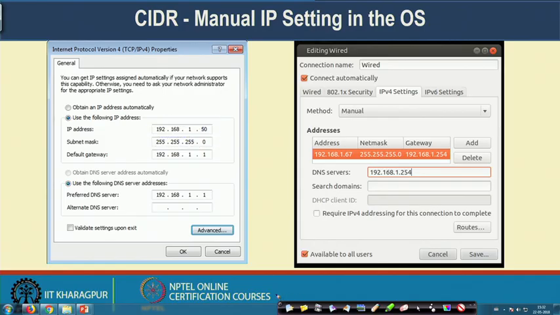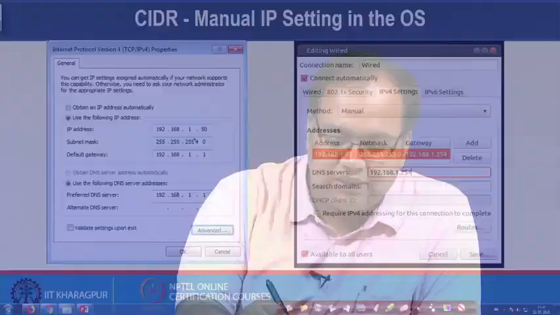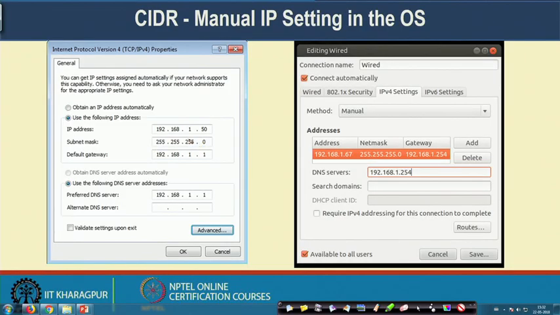From this IP address, you can determine that because these first 24 bits are my network IP, the network IP is 192.168.1.0. Under this network, host number 50 is identified by this IP address.